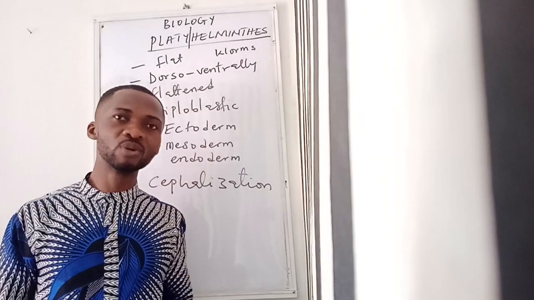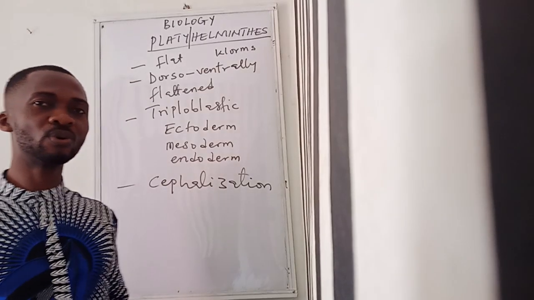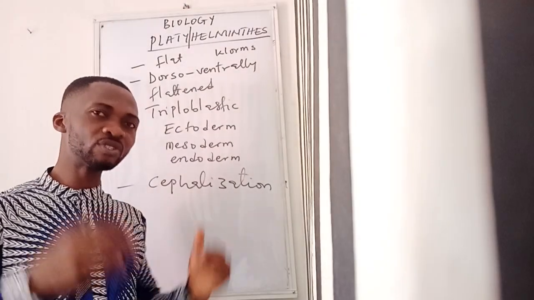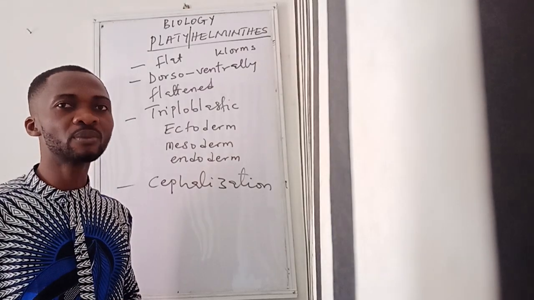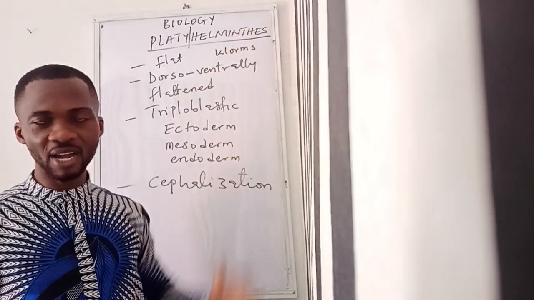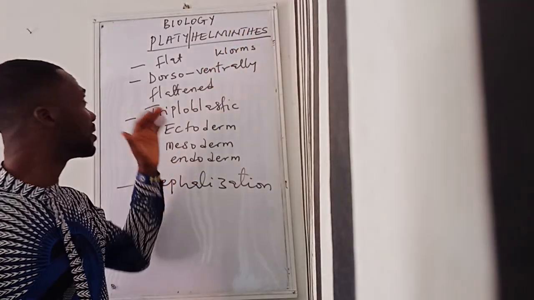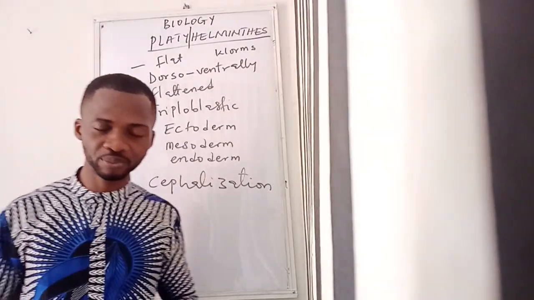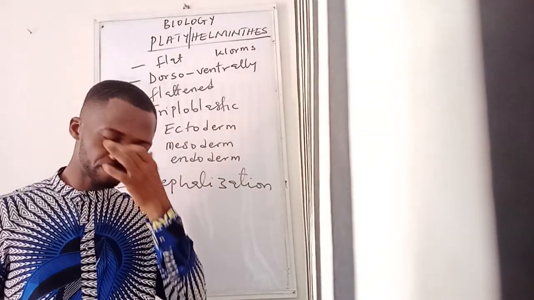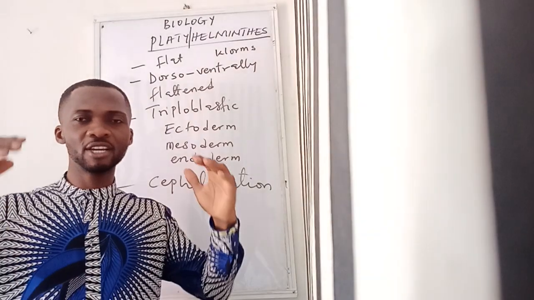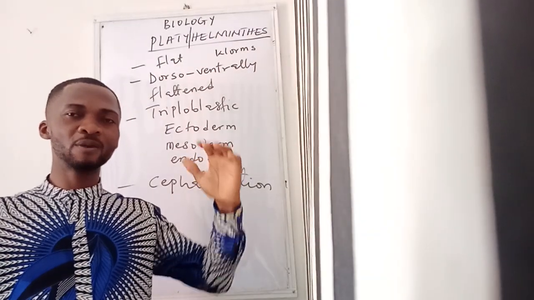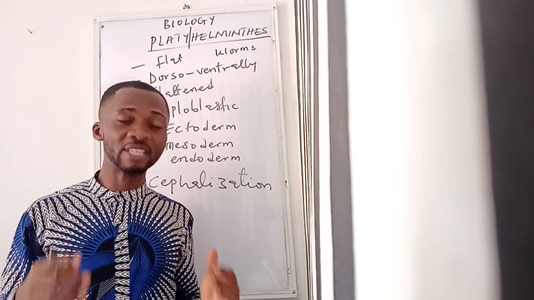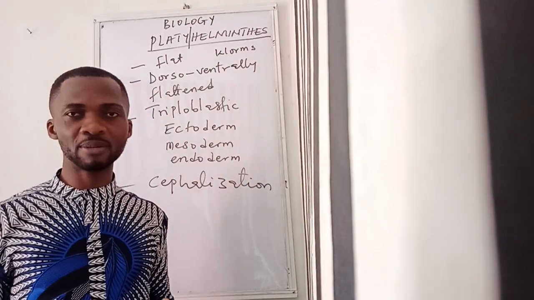And the group of organisms to first show this cephalization when it comes to the animal kingdom are the platyhelminthes. What do I mean? I mean that the head was first discovered in platyhelminthes.